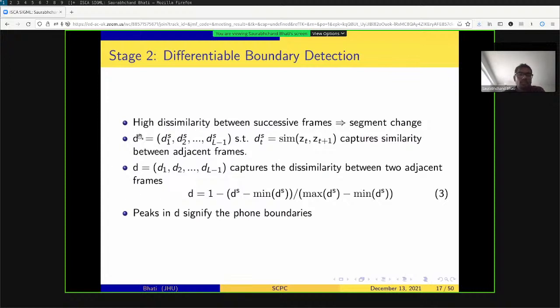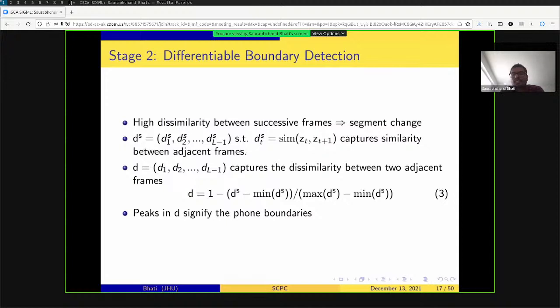And so we first measure all the similarities between all the frames in an utterance. So ds is a vector that denotes all the similarities between the current frame and the next frame. If you look at dt, it's just capturing the similarity between zt and zt plus 1. And if you remember, the similarity function is the cosine similarity.